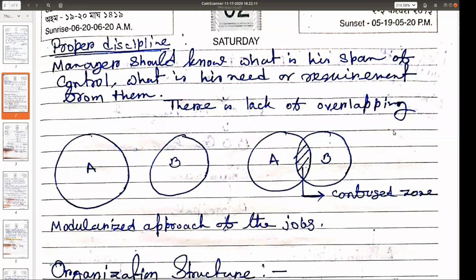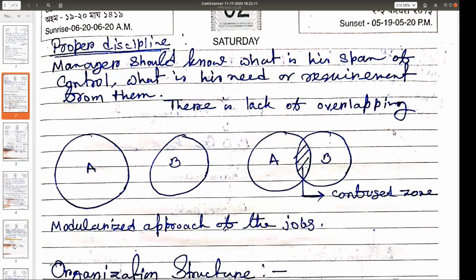That's why we will follow a modularized approach to the job. Now, what is the modularized approach? That means we will subdivide the job into different modules, different subsections, and the responsibility of a single module will be given to a single team, or suppose a single person.